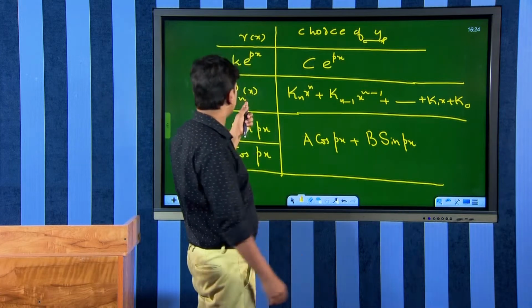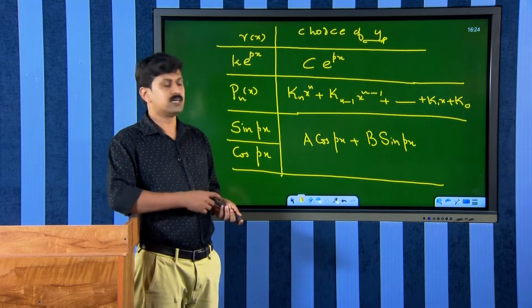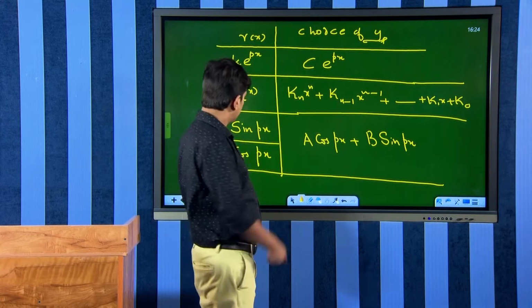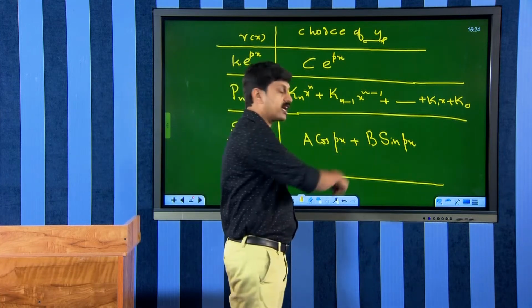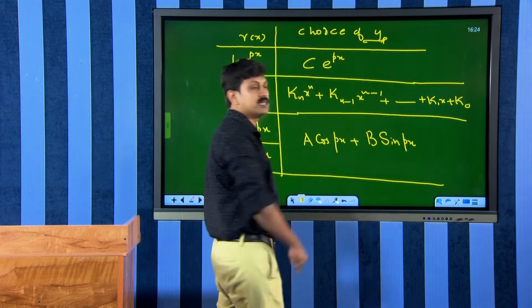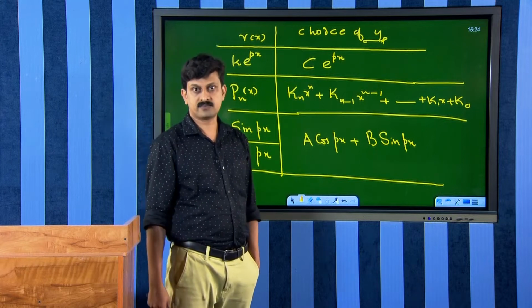Maybe sometimes this happens, though it is a rare chance. In the trigonometric case, suppose the homogeneous part has cos px or sin px, then we multiply that term by x. So we redefine y p like that.